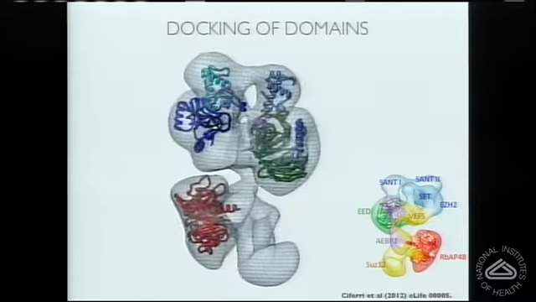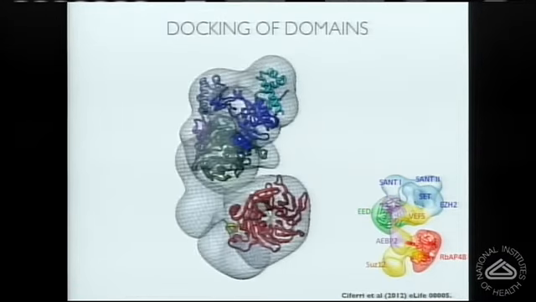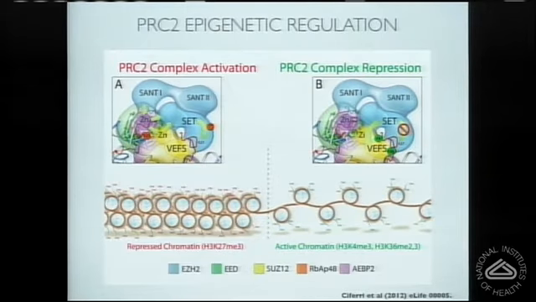So what have we learned? Does this structure make sense? And the answer is that yes, it does, because we can now position the two domains that act in a regulatory fashion on the set domain to explain how they repress or activate for the cis and trans tails of histone.